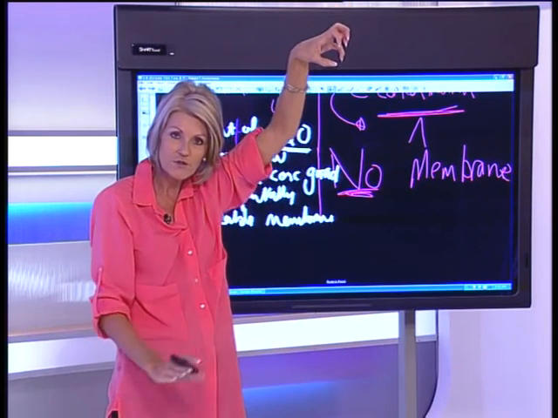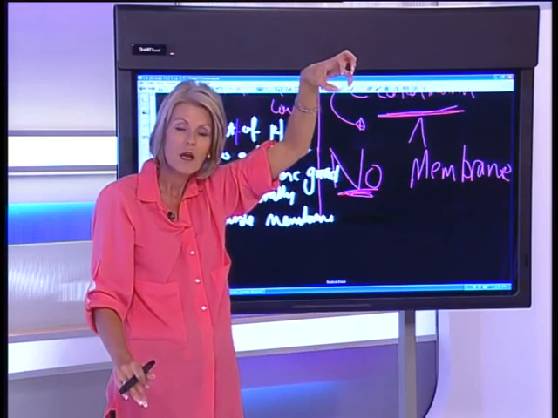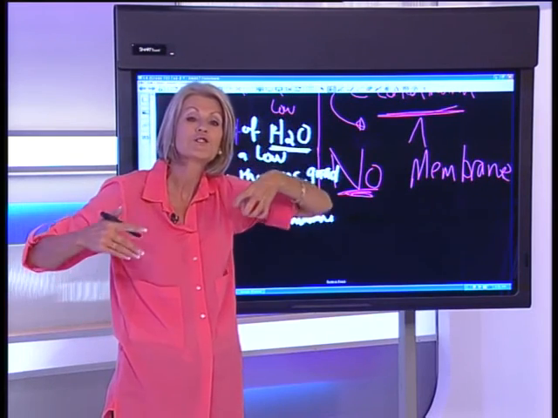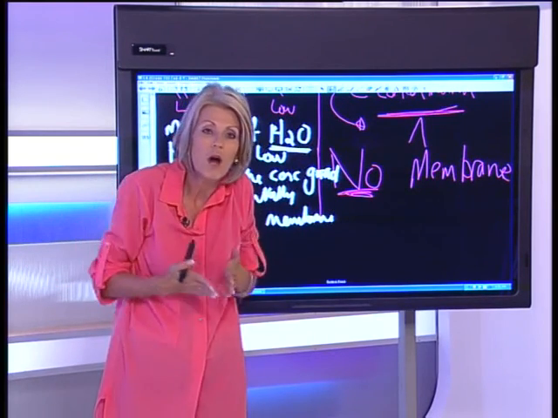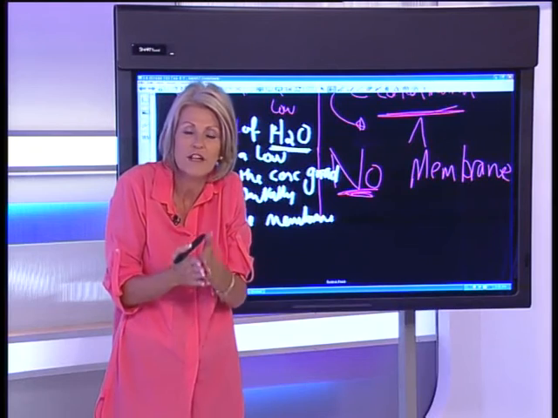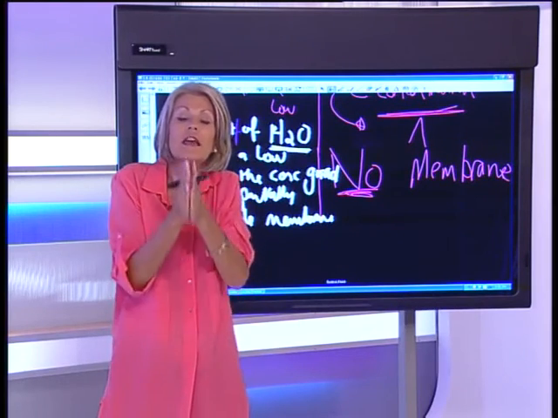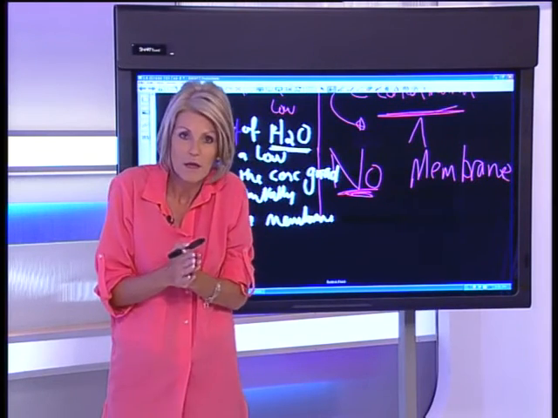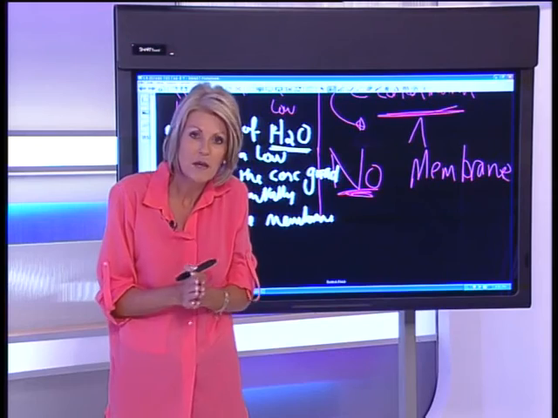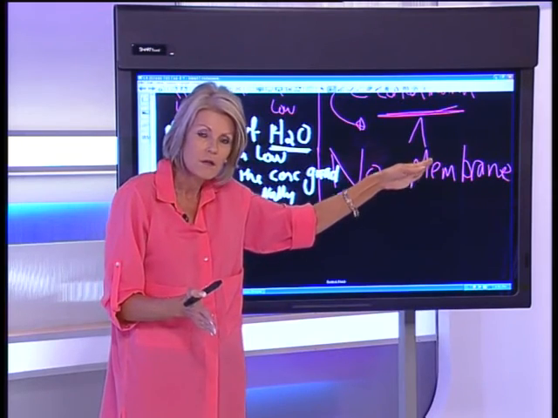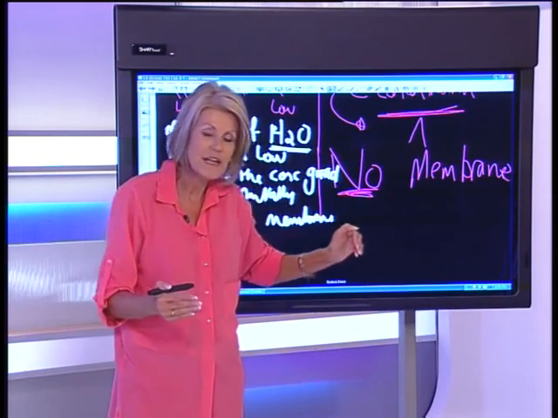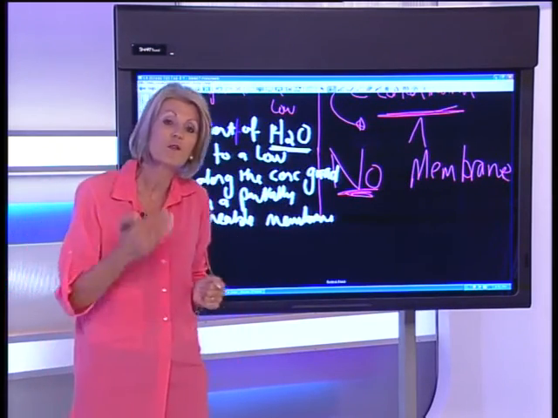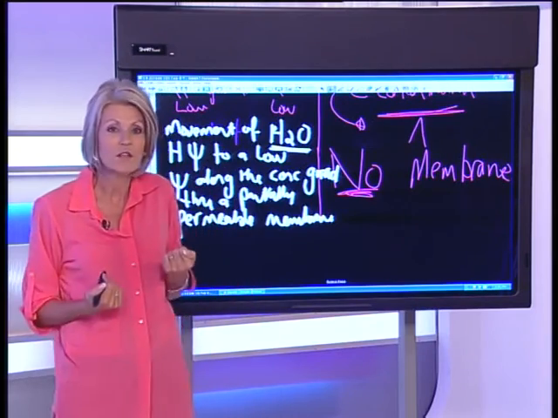Along that concentration gradient, and it has to move through a partially or semi or differentially permeable membrane. If water moves anywhere and it doesn't go through the membrane, it is diffusion. What makes them different is that it is water moving through a membrane. That is what osmosis is.